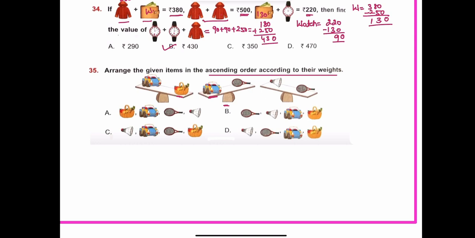It means the third one is the racket and cork. So the racket is the lightest one. In which options, C and D, it is given lightest. Then second is the racket, and third we have the toy car. Fourth one is the fruit basket. So option D is correct.